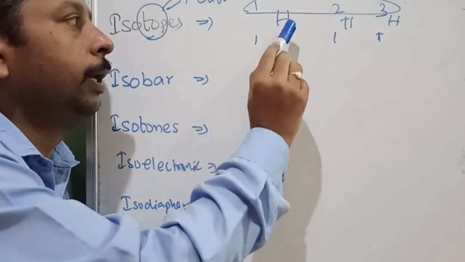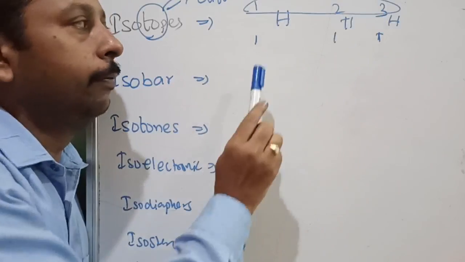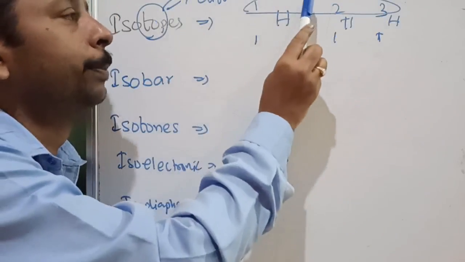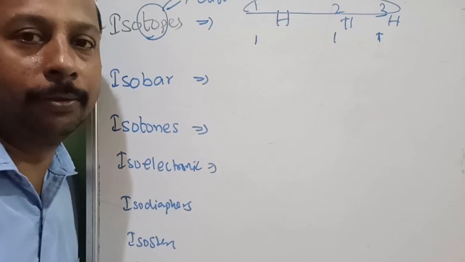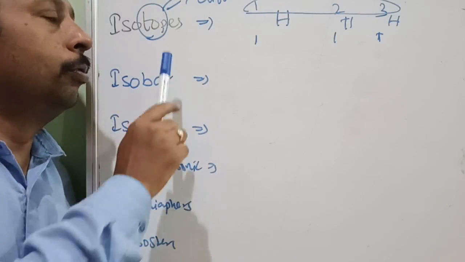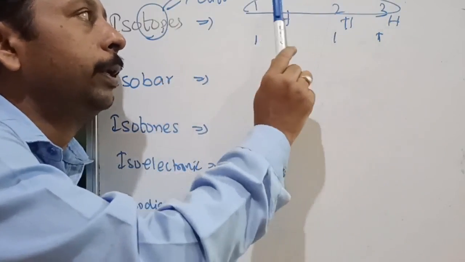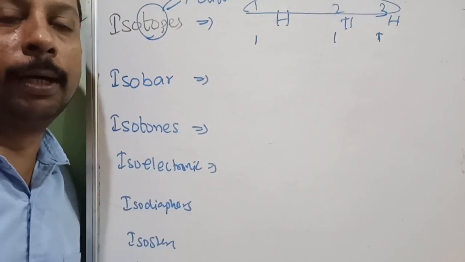Atoms of the same element having the same atomic number but a different top thing. What is the top thing? Mass. So isotopes are atoms of the same element having the same atomic number but different mass number.